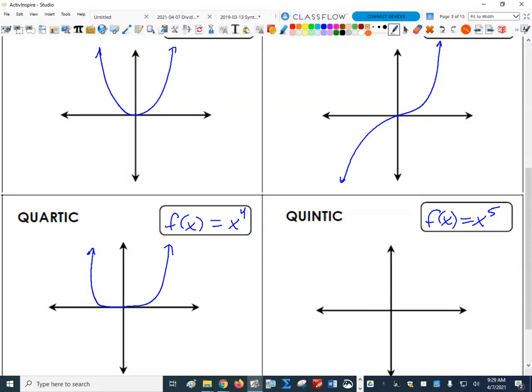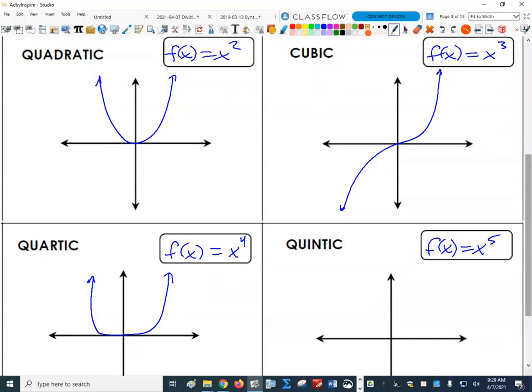We can look at some examples that are graphed a little better. What do you suppose a quintic function is going to look like then? Yeah, it's going to be a more squared off cubic function essentially. Okay, so it's going to look kind of like that. Okay. Let's look at these on Desmos where we can get a better representation.